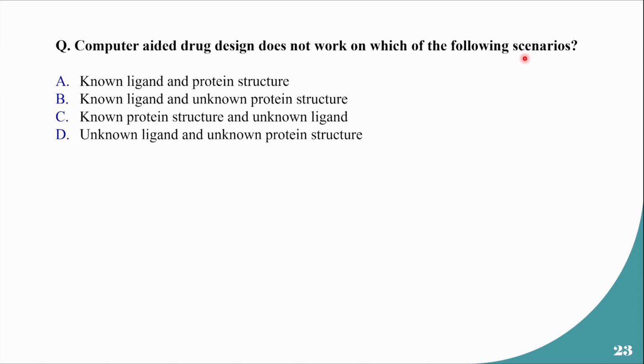You need the 3D coordinates, and both have to be available for a computational drug design protocol to work. In the particular cases of A, B, and C, we have some availability. We don't have the others, so maybe we can try to predict the other ones. But if you have none of this available, then it will be hard to do drug design protocols. So it will be answer D in this case.